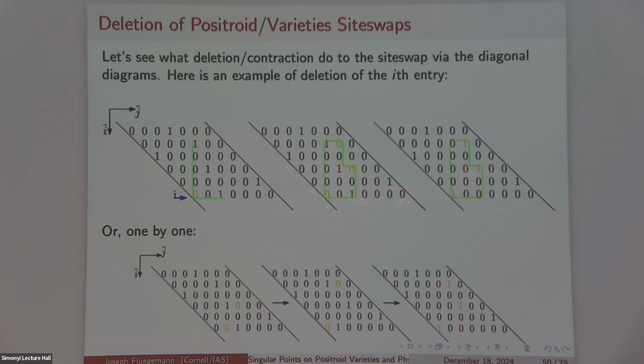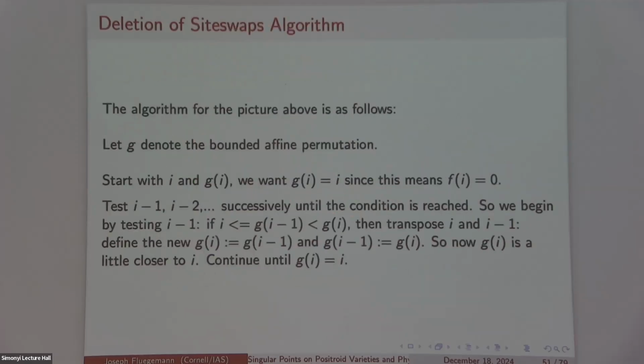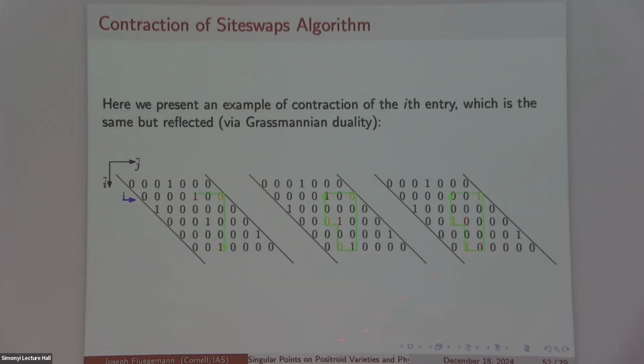Okay, I guess on this diagram it's the row that you're deleting. All right, there's an algorithm. Contraction is by Grassmannian duality. It's just kind of the opposite diagram.